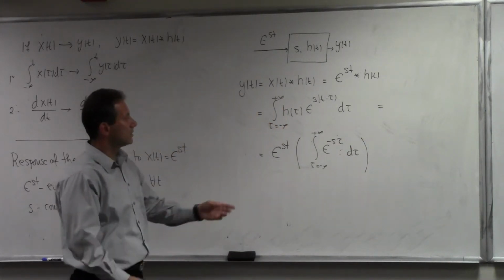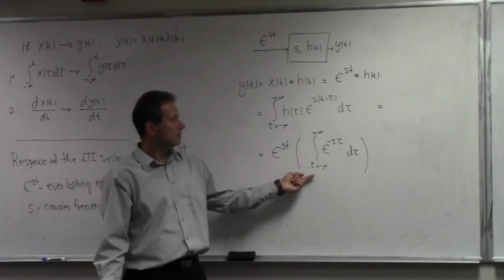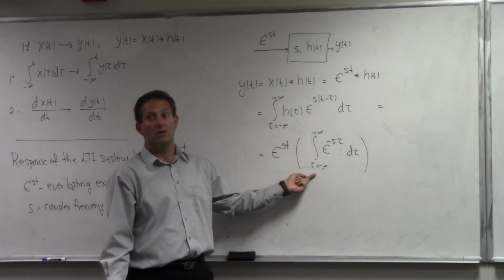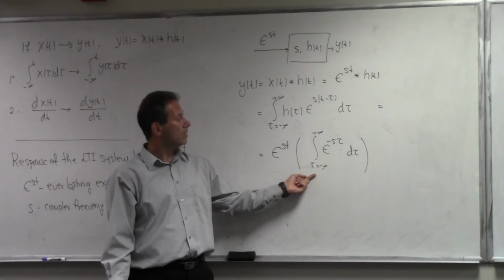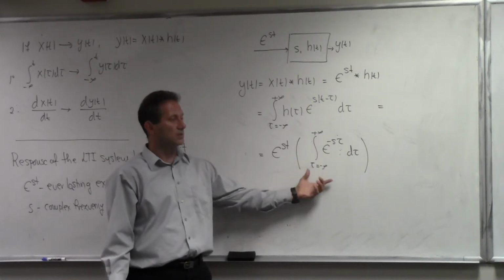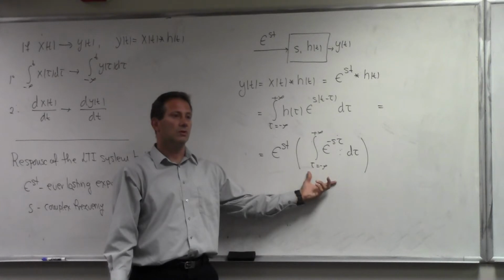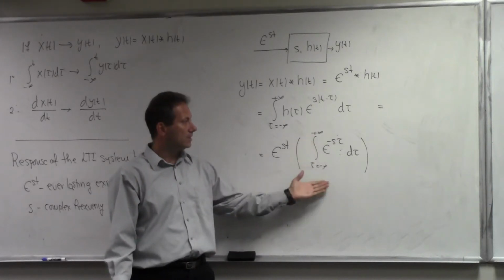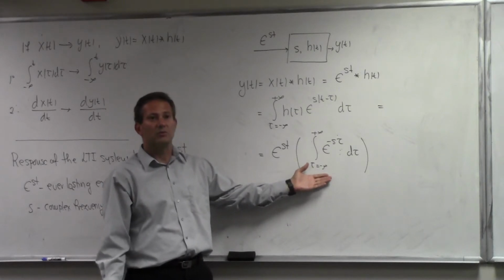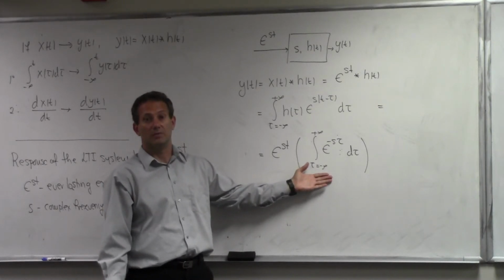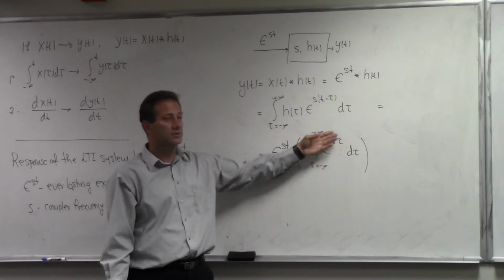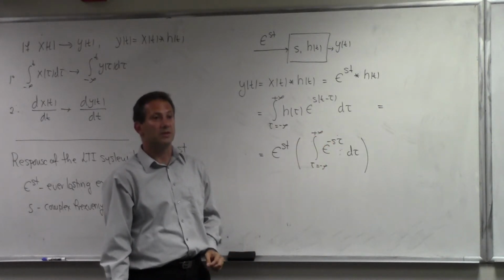Now look at this integral here. Does it depend on t at all? No. So what is this? When you evaluate integrals and you don't have t anywhere, this will amount to a constant, a single number, the area under the curve of whatever this integrand is.